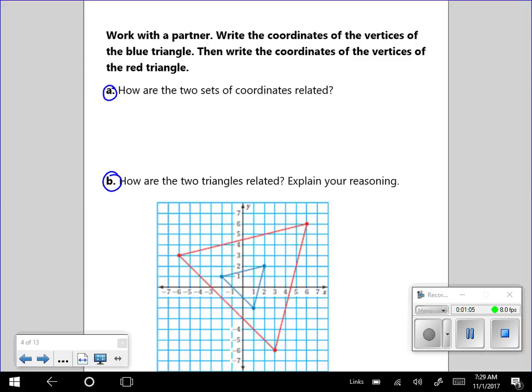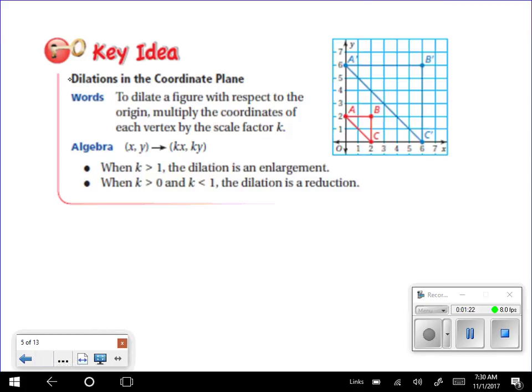Okay, so once you do that, hopefully you see how these two sets of coordinates are related. That's the big piece, and we'll work from there. Once you've done that, I want you to write this down, all of this here.